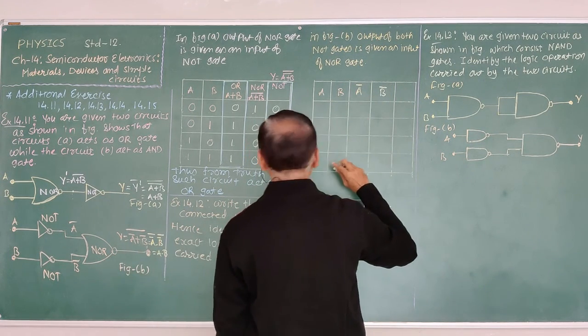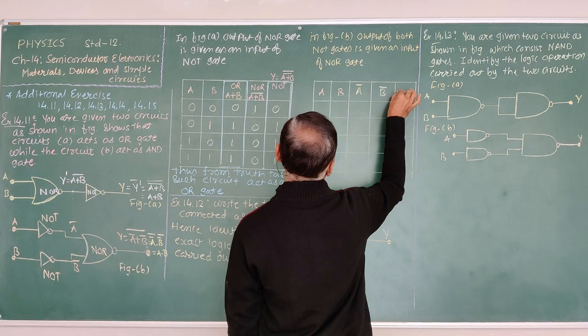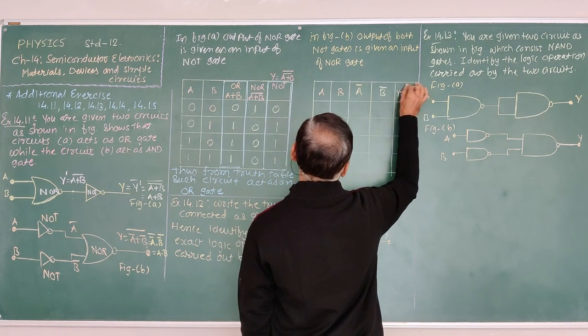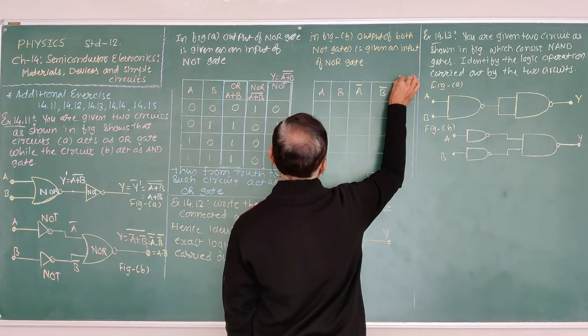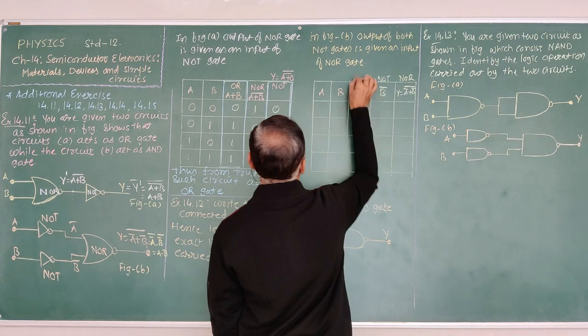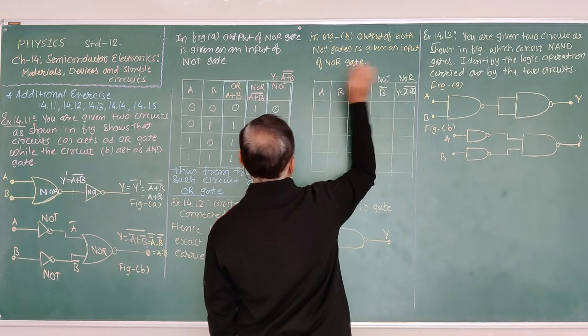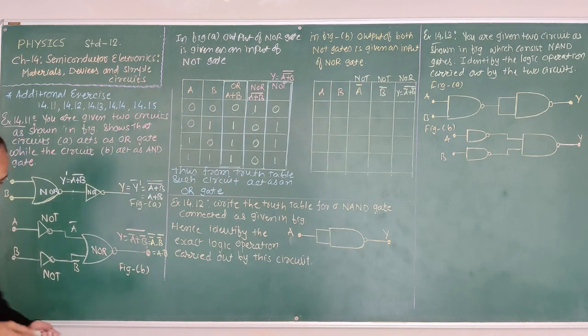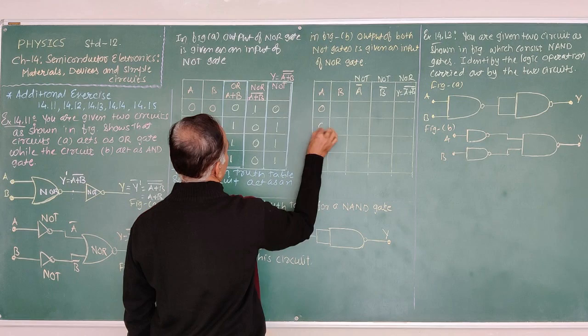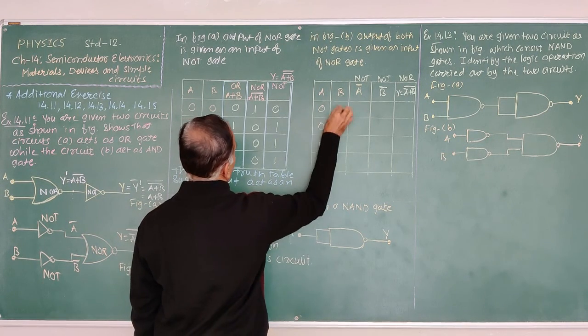And final output of the NOR gate is Y is equal to A bar plus B bar, whole bar. Now here the two inputs are given, that means the values are given. We consider 0, 0, 1, 1, 0, 1, 0, 1.